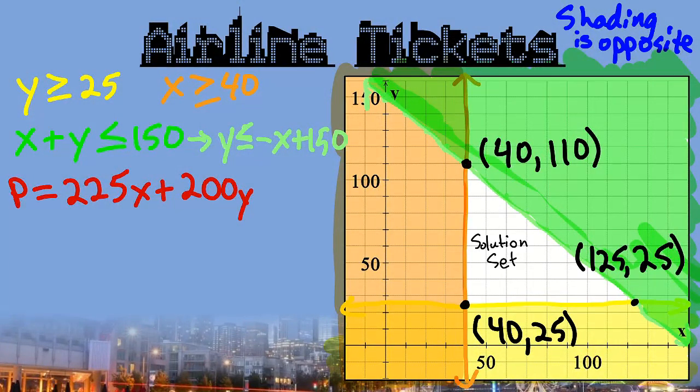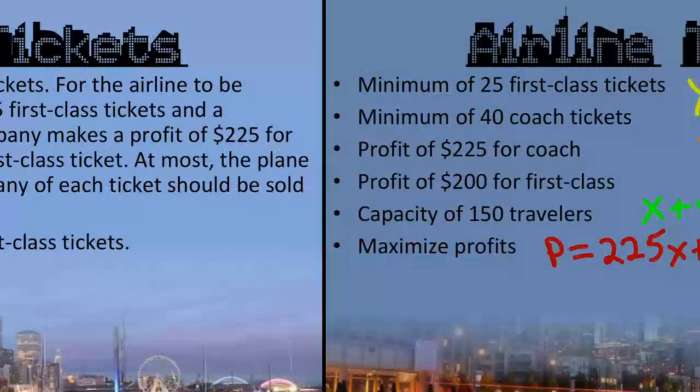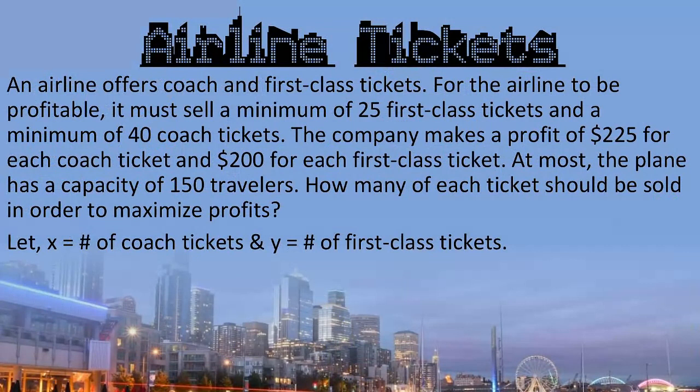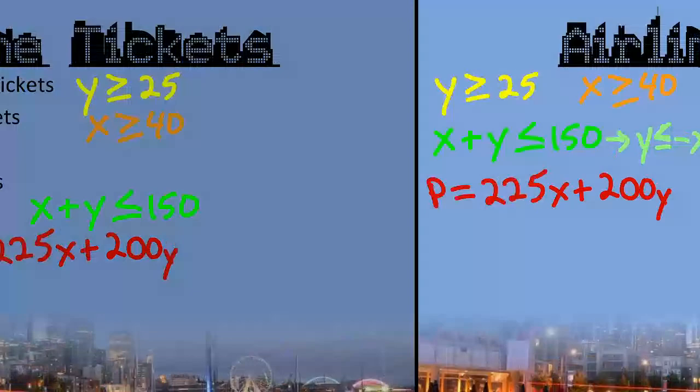So the question is, is it better to sell 40 coach and 110 first class, or 125 coach and 25 first class? You should see right away, based on this information, that 225 for coach and 200 for first class means that when we plug in more coach tickets, we're going to make more money.